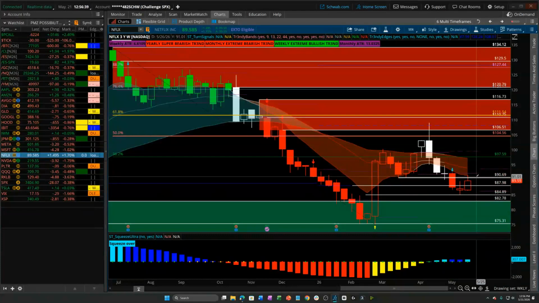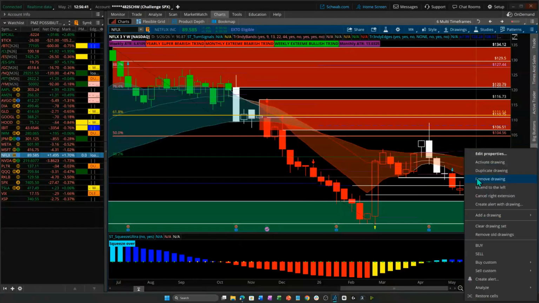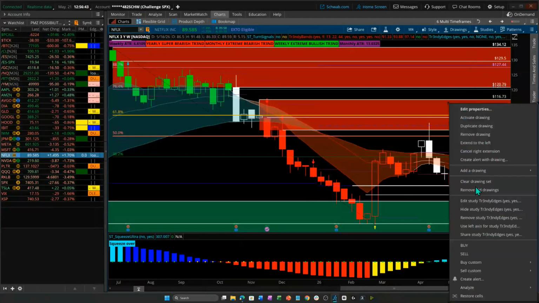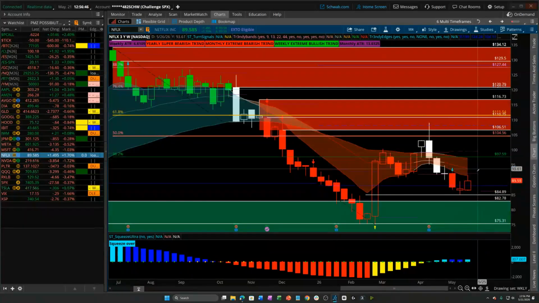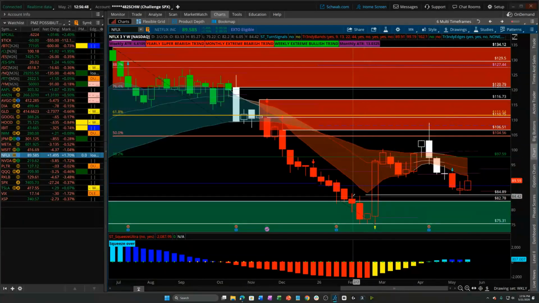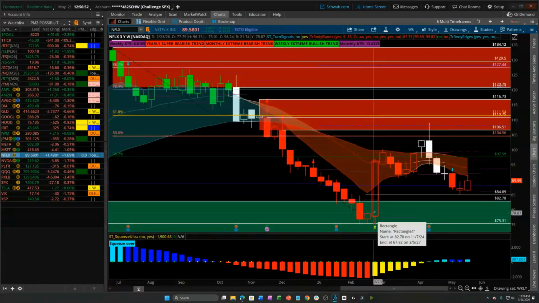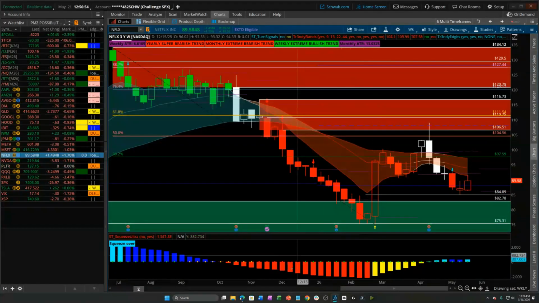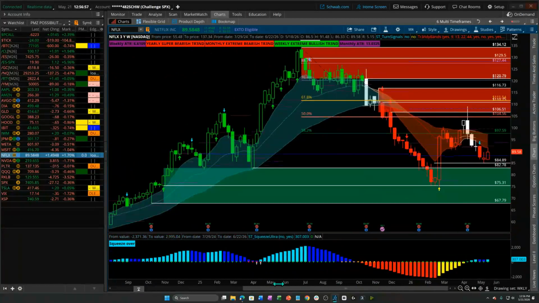I've already trimmed, let me say that, and I have not re-entered on this pullback. My latest entry was down here on this pullback right here. And look at the beautiful inside and up. Well, that is not fresh and it's not new, and it is related to all this price action.